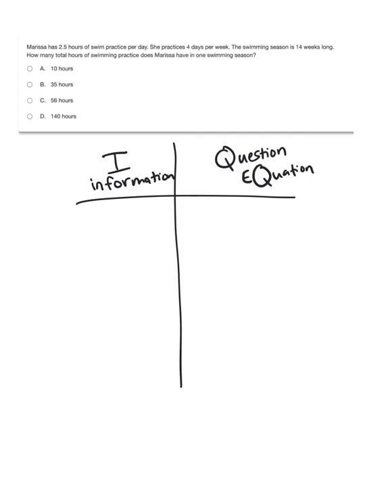Marissa has 2 5/10, or 2.5 hours of swim practice per day. Okay, let me write that down under information. When you're making an IQ chart, it's perfectly okay to include abbreviations, like, for example, PR stands for practice, or HRS stands for hours.